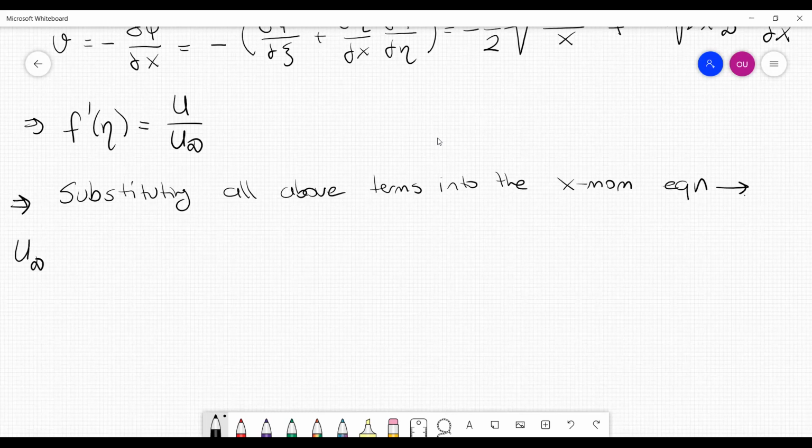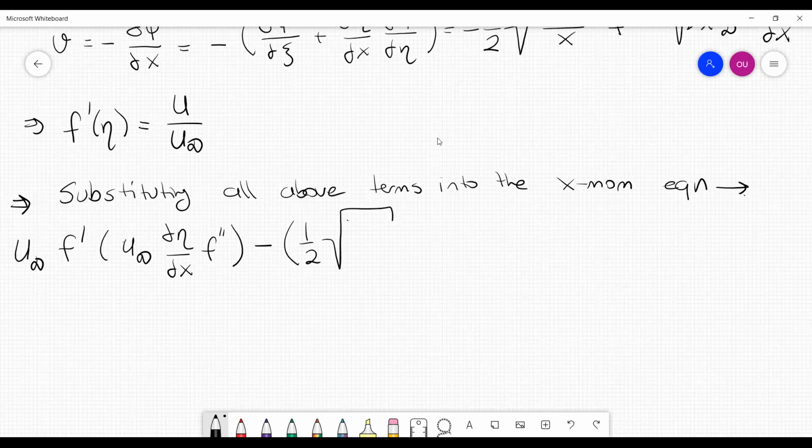So u infinity times f prime, I'm not going to write f eta anymore, f prime times u infinity d eta dx f double prime minus 1 over 2 square root of nu u infinity x f plus square root of nu x u infinity.